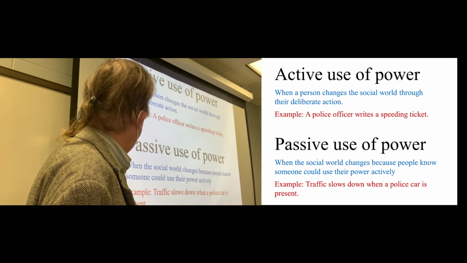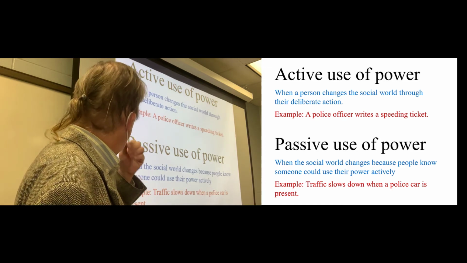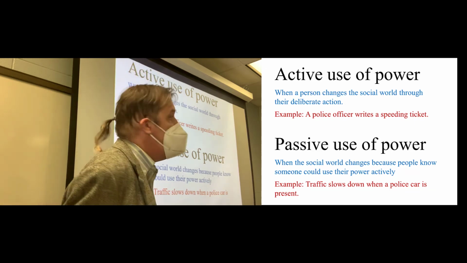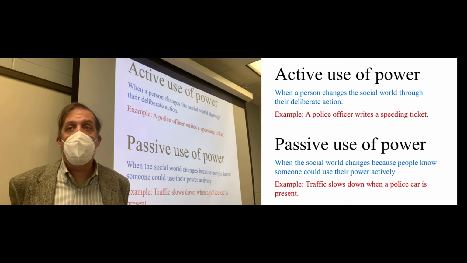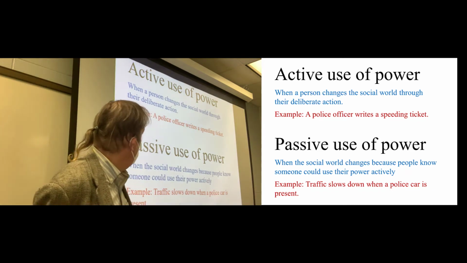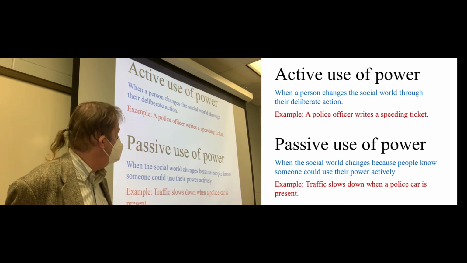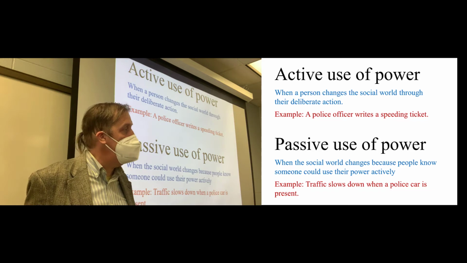And she emphasizes that identity power can be used actively or passively, right? An active use of power is when someone changes the social world through deliberate action. She uses parking enforcement. You can also think of a police officer. A police officer writes a speeding ticket. That is an active use of power.